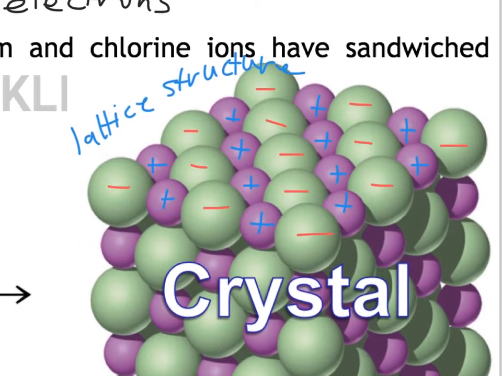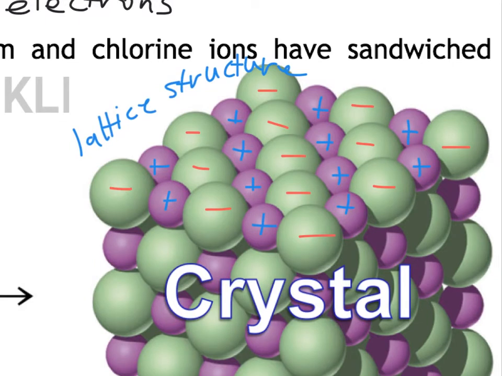The reason why these guys are lining up the way they are is because, for instance, this negative ion is going to attract these two positive ions, which would then attract these negatives, attracting the positives, attracting these negatives, and all the way down the chain. So it's not only maximizing attraction, but it's also minimizing repulsion.